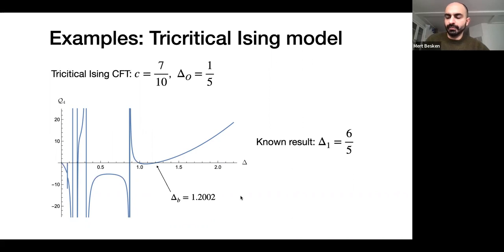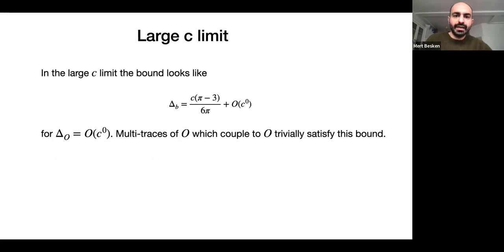Before finishing, I'll just say, usually holographers are interested in the large central charge limit because that gives us a gravity dual in the bulk in AdS. The bound in the large c limit looks like this, but it is trivially satisfied if you have a single trace operator in your CFT, which in the bulk corresponds to a Lagrangian field.